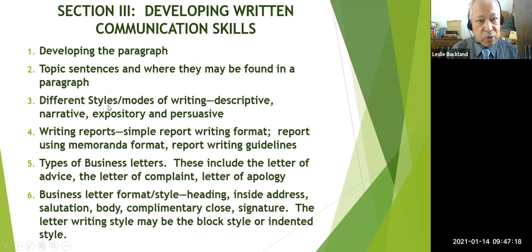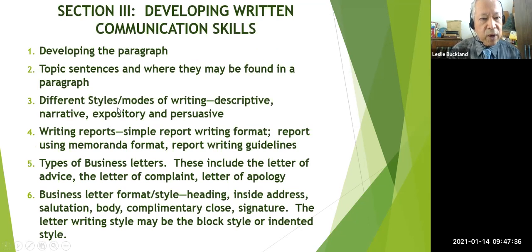Then in section 3, most likely this will be in year 3 of your studies here, we will look at developing the paragraph. We will look at topic sentences and where they may be found in a paragraph.